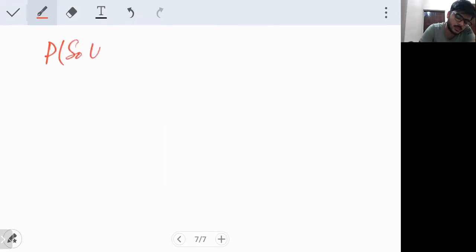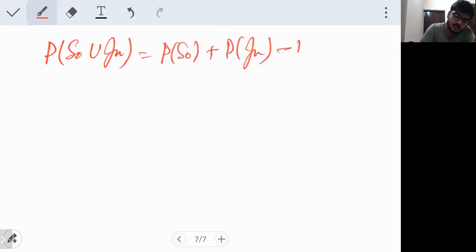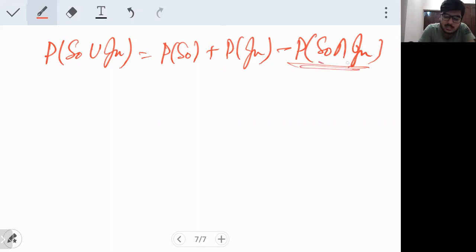Probability of sophomore union junior, right? So what we do for this, we know the probability of sophomore plus the probability of junior minus probability of sophomore intersection junior. Of course, there could be no student who is also a sophomore and also a junior. That means this event is mutually exclusive, hence it is equal to 0.